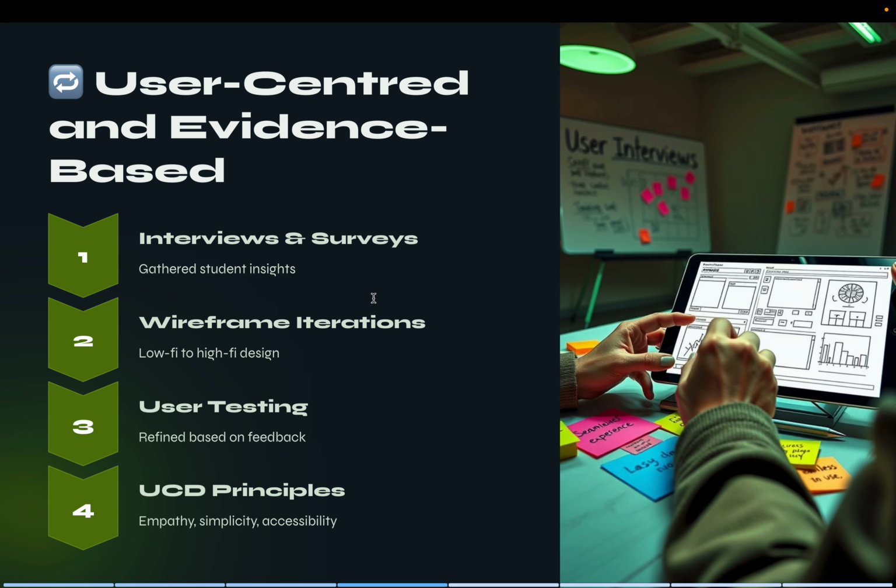Our design process: we followed a structured user-centered design approach toward the project. We started by conducting user research interviews and a survey with students aged 18 to 25 who were working part-time while studying. This helped us identify pain points and what they actually wanted in the solution. Then we developed a low fidelity wireframe, simple sketches that visualized our proposed solution.